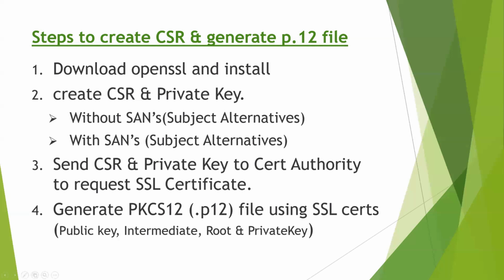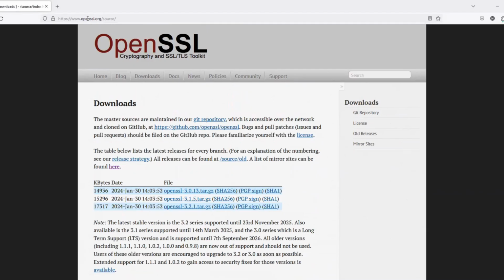Okay, let's go and do it. First we can go and install OpenSSL. When you go to openssl.org and downloads, you can see all the tar files, which are mainly for the Linux based installers.